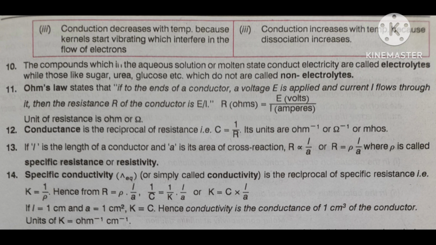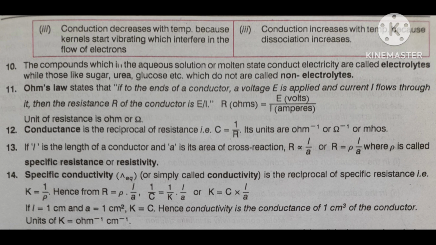And second, the distance between the electrodes should be 1 centimeter. And third point, the area of the electrodes is so large that the whole of the solution is contained between them.